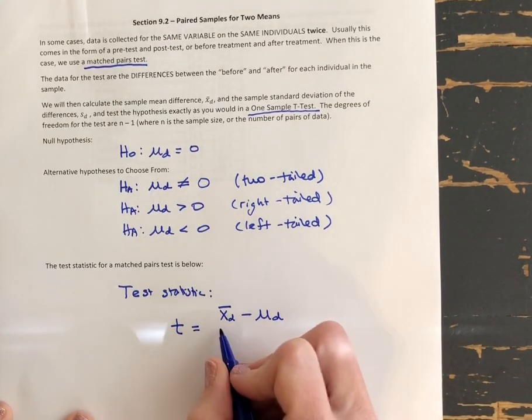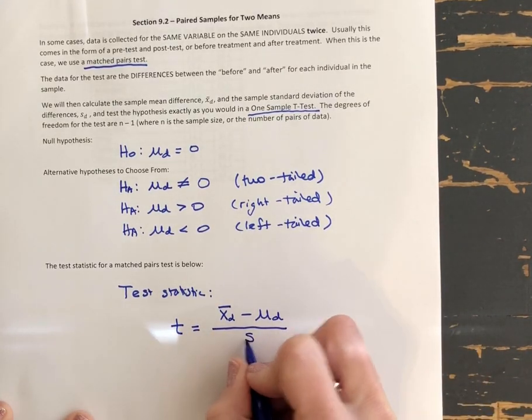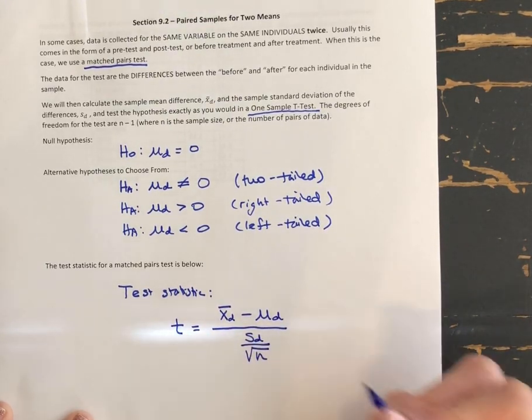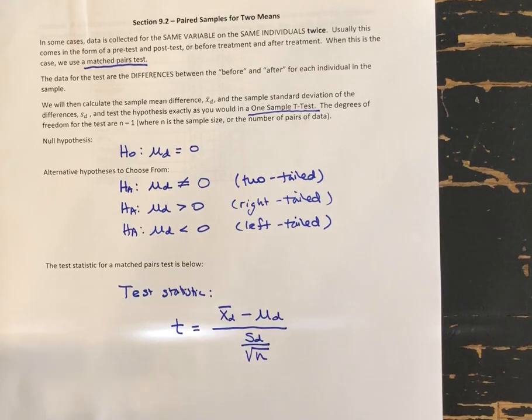And then we're going to divide by the standard deviation of the differences over the square root of the sample size. Okay, and so like I mentioned before, this is really just a t-test for one sample.